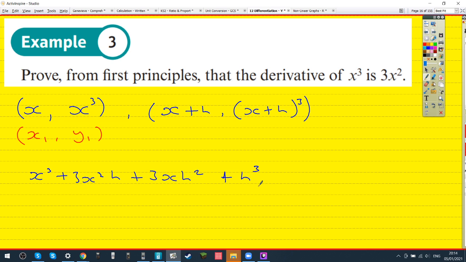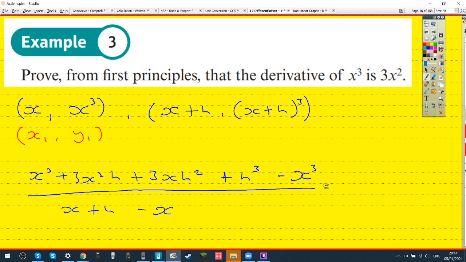So that's y2. Take away y1, which is x cubed, divided by x2 take away x1. So what will be on the bottom after you do x plus h minus x?